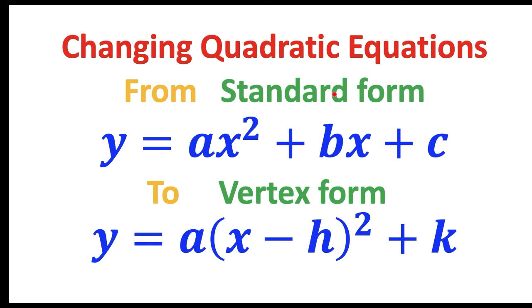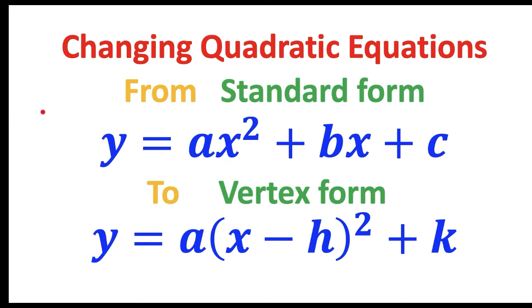In this video, I'm going to focus on changing quadratic equations from standard form y equals ax squared plus bx plus c to vertex form y equals a(x minus h) squared plus k. So let's get started.